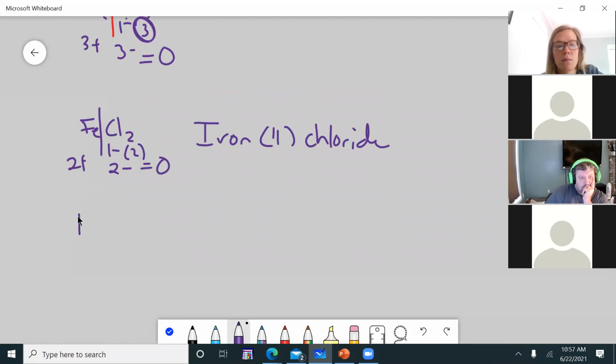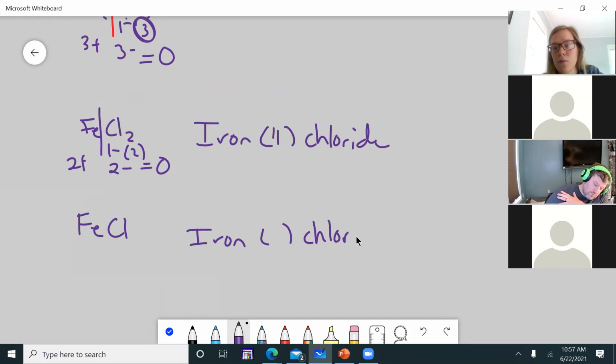Just to finish it up, what if we did it as FeCl? And this is also an iron chloride. The whole thing has to equal 0. Chlorine has a 1- charge, and there's only 1 of them, so this has to be a 1+ charge.